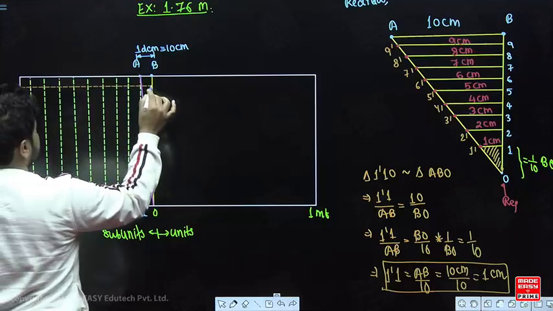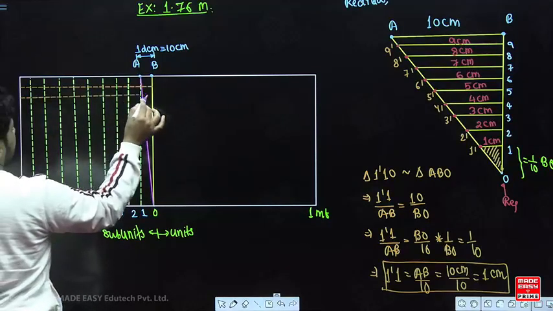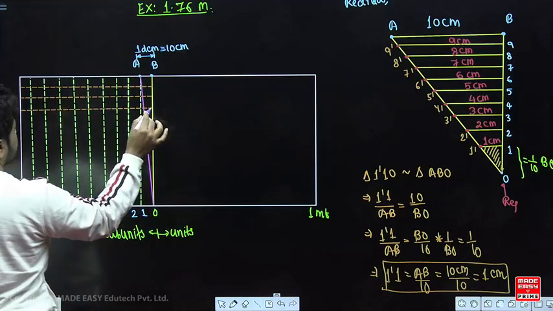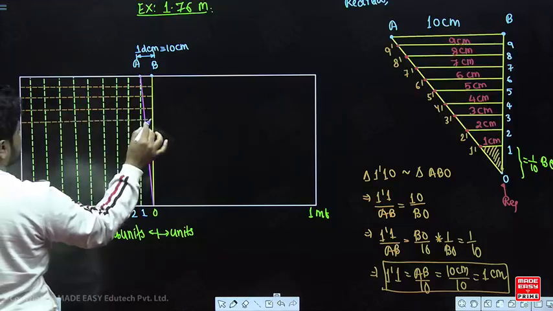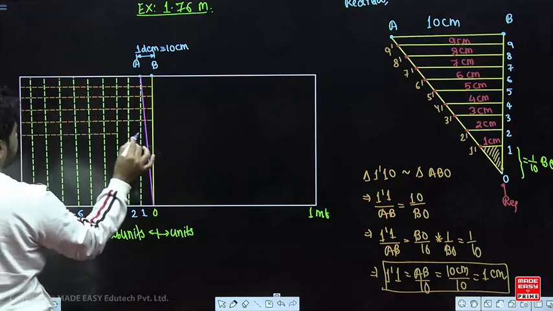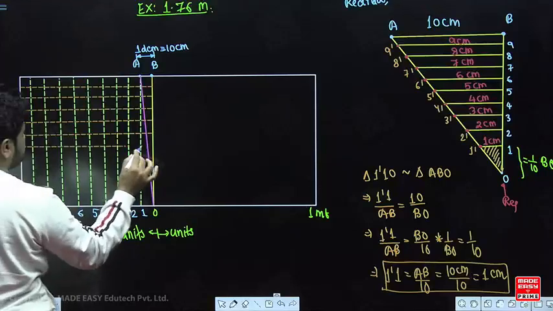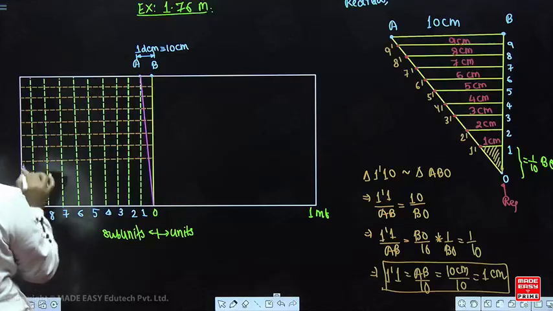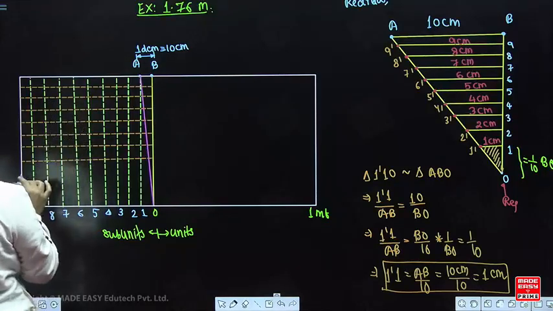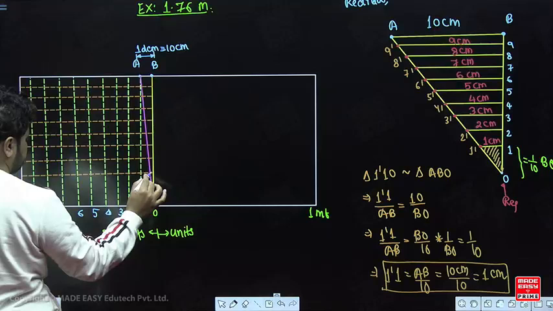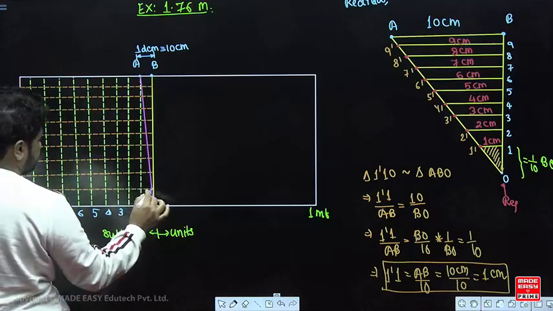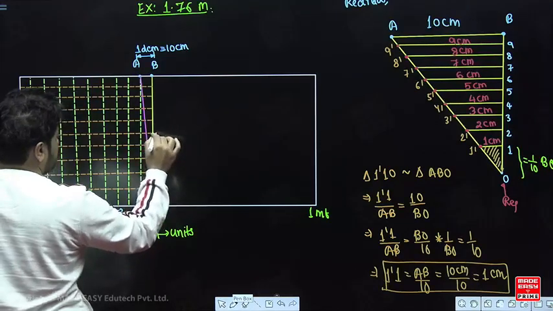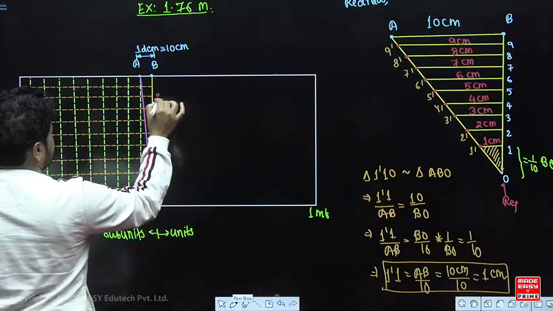So let us say this is 9, 8, 7, 6, 5, 4, 3, 2, 1, right? So this is 1, 2, 3, 4, 5, 6, 7, 8 and 9.